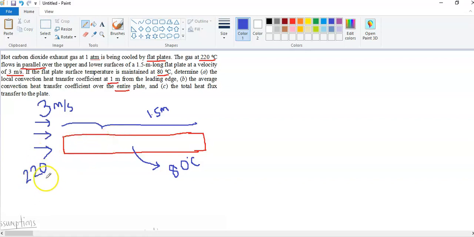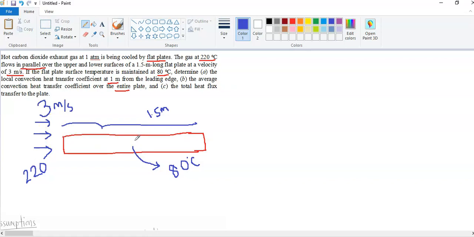So the gas is actually the donor, isn't it? The flat plate will gain some heat from the gas, and by that way the carbon dioxide gas will be cooled.